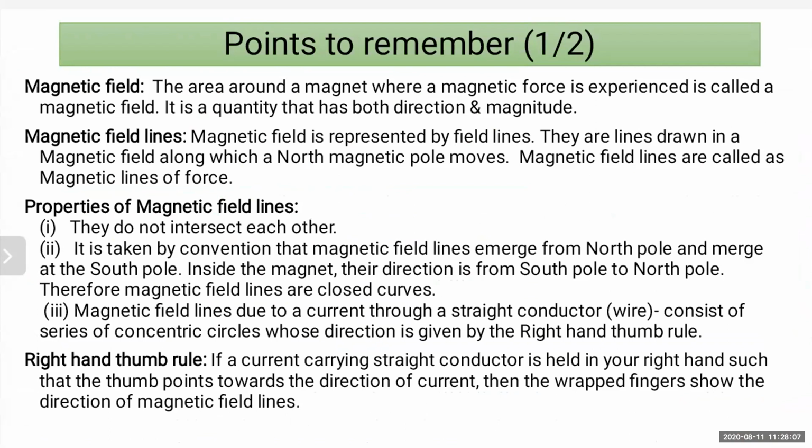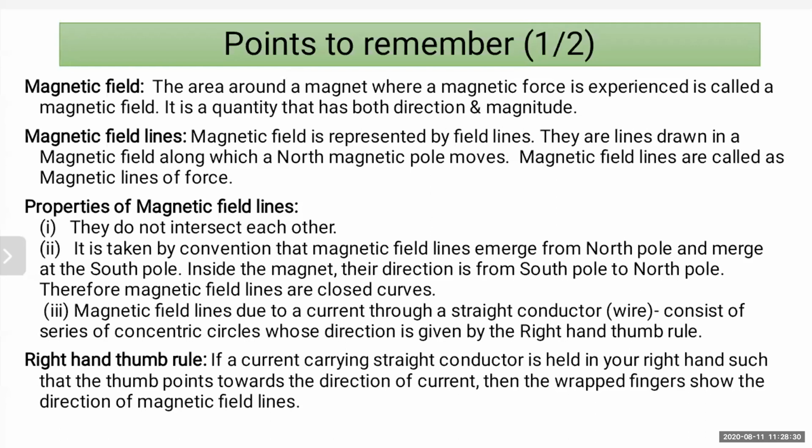The area around the magnet where a magnetic force is experienced is called the magnetic field, and it creates the magnetic lines. The direction of the magnetic lines is always from North Pole to South Pole.